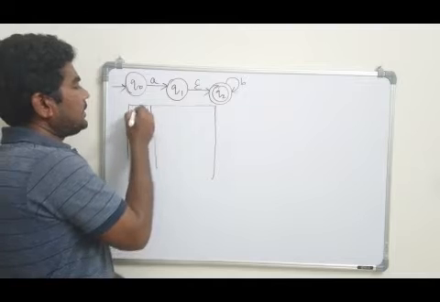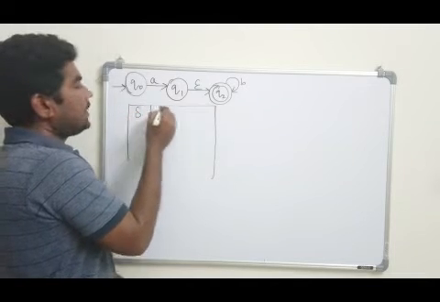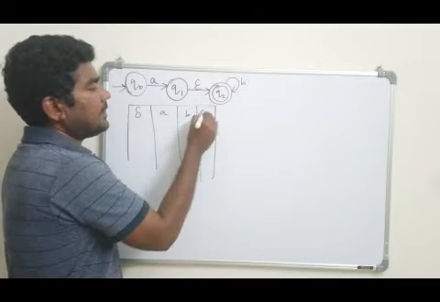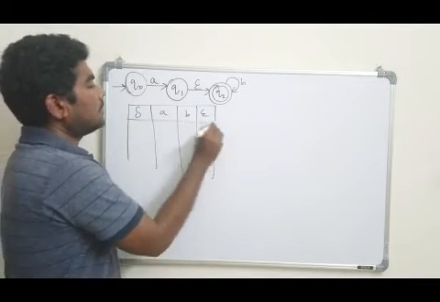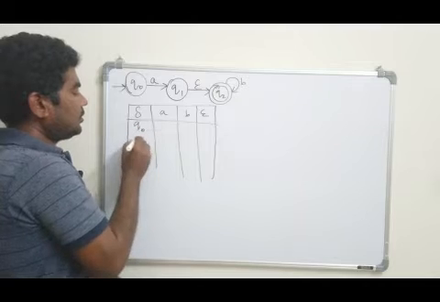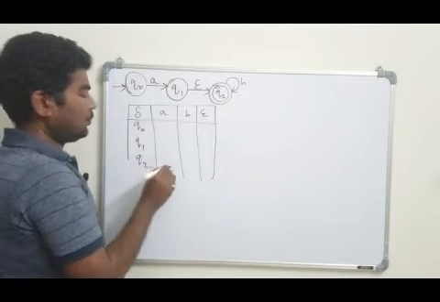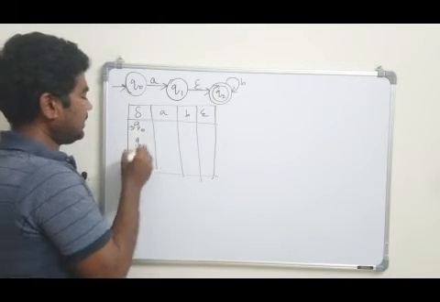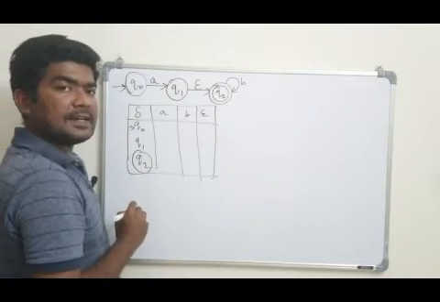So first delta, then input will be A, input will be B, then epsilon. Then delta will be q0, q1, q2. Okay, so now this q0 will be the initial state and q2 will be the final state here.